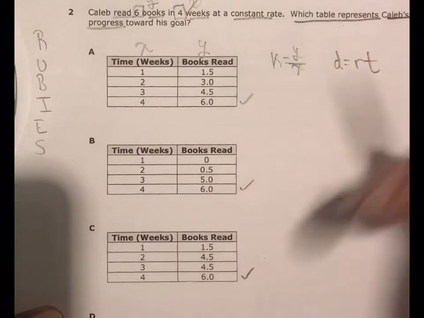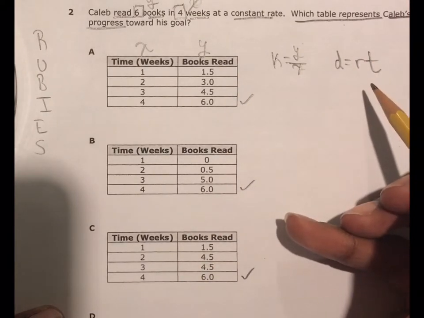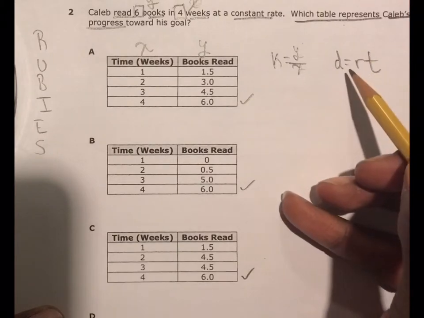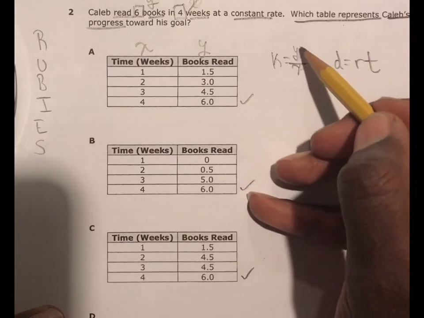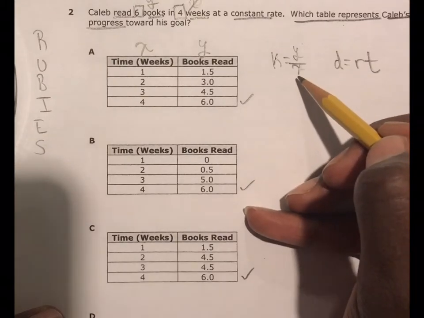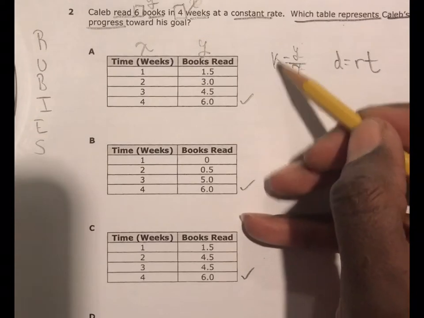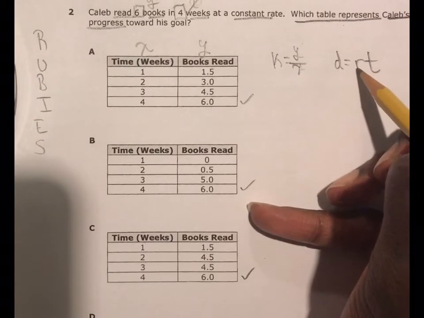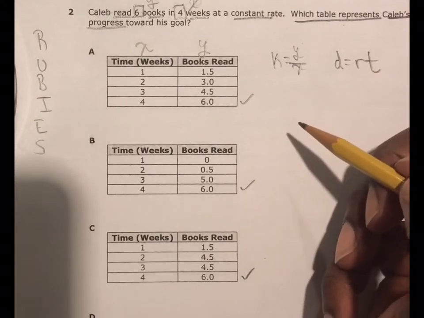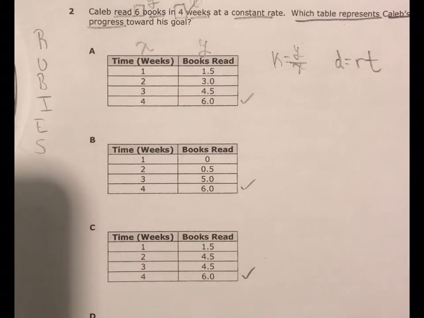That if I multiply my rate times something, it's going to tell me how much I'll have at the end. Or, in other words, if I think about what I have at the end and I divide that by the time, then I'm going to find out what that constant or what that rate was. So they work together. So I might have to use either one of these. Let's find out.